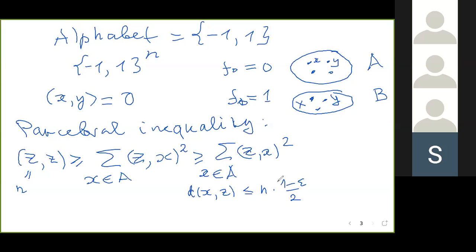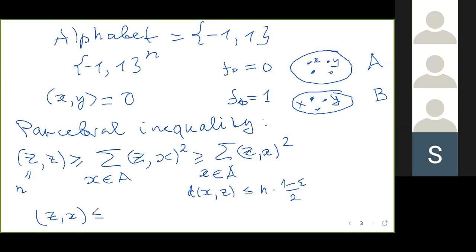And for such x, this inner product is at least epsilon n. And why is this? The inner product of Z and X is the sum of plus minus ones. The number of plus ones is the number of positions where Z and X coincide, and the number of minus ones is the number of positions where they are different.